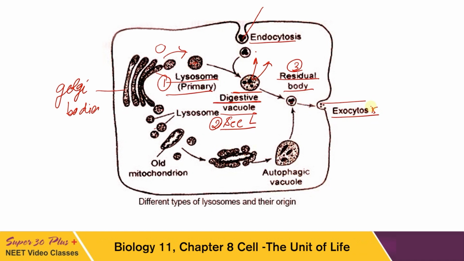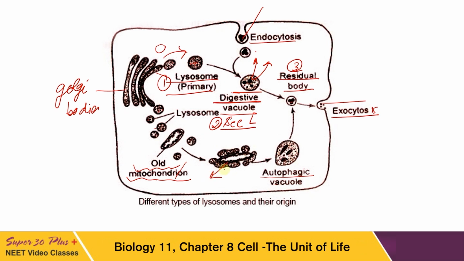Now one more type we have. At the time of need, when there is starvation or energy is required and the cell is not getting a supply of food, the lysosome will select the least important component of the cell, such as an old mitochondrion. The lysosome will take this old mitochondrion and its content will be digested here. In this case, it is known as an autophagic vacuole. Based on priority, the lysosome will select different cytoplasmic organelles and digest them.